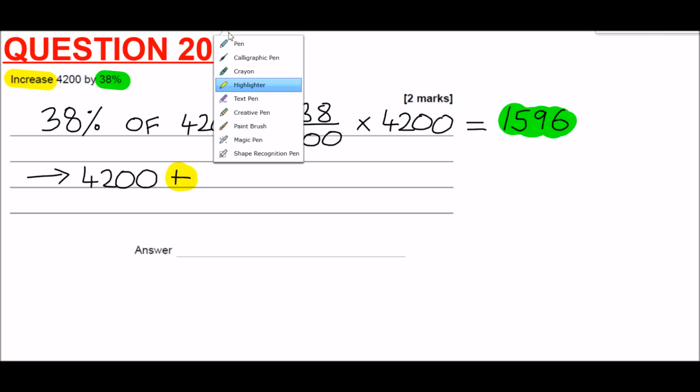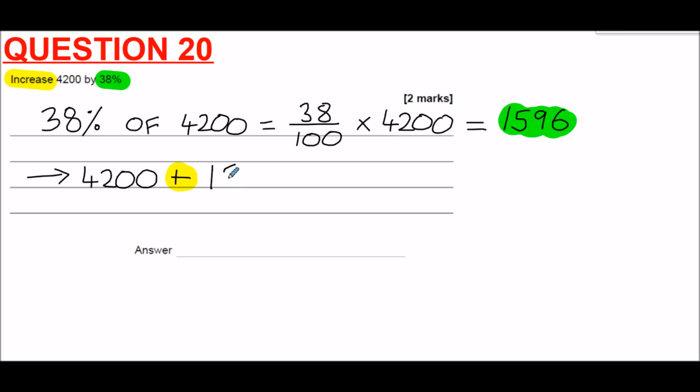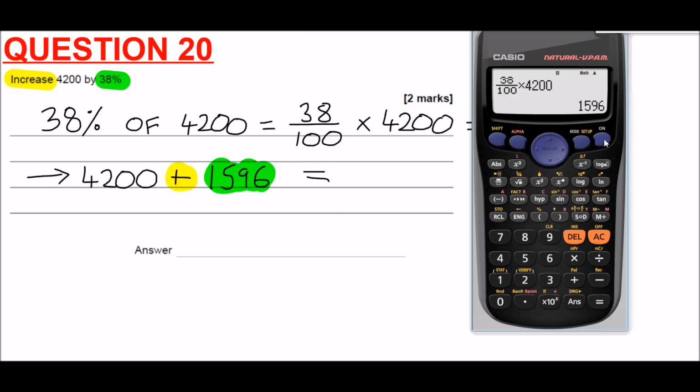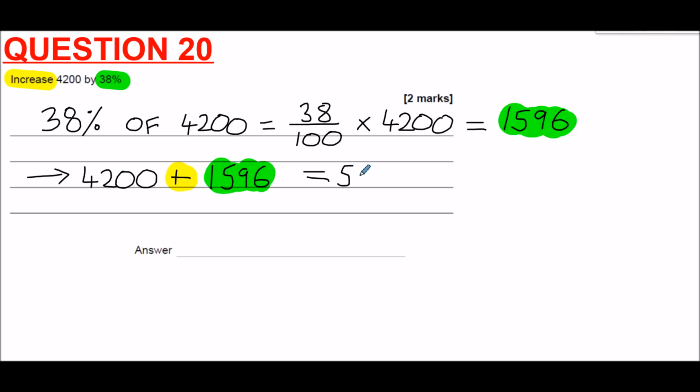We're going to add on the 38% we found before, which is 1,596. So if we add both these numbers together, 4,200 plus 1,596, we get 5,796. And that would be our final result, the final answer.